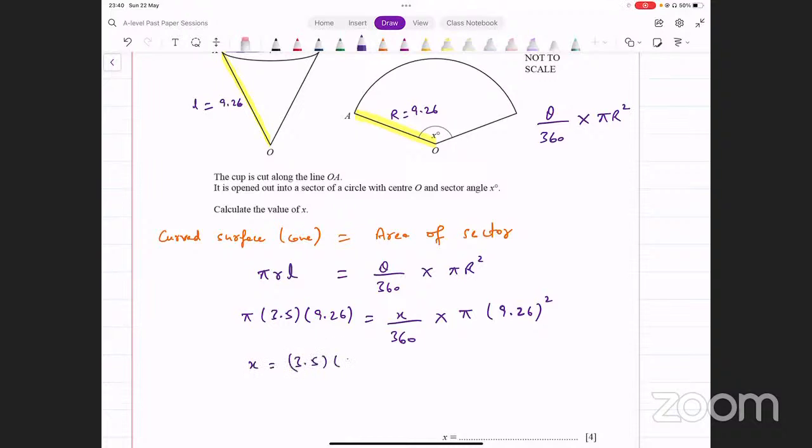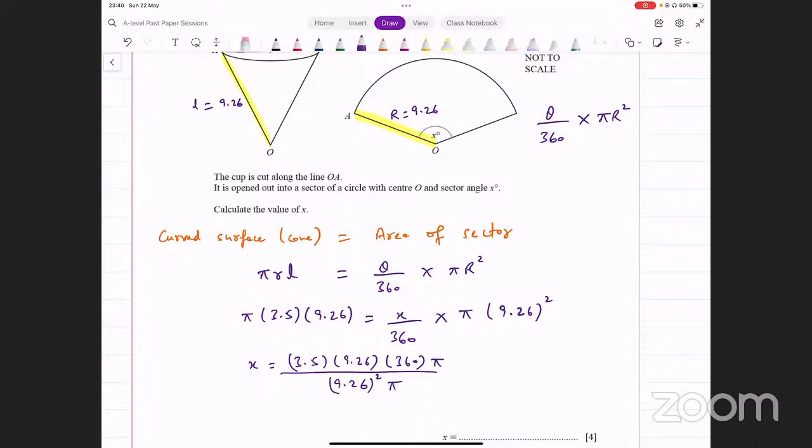3.5 into 9.26 divided by, in fact 360 भी ऊपर आ रहा होगा, into 360 जाके वहां पे multiply हो गया, divided by 9.26 whole squared. ये आपके पास आ गया. Pi और pi वैसे cancel हो जाएंगे. If you want, you can write them down. This is pi. You also have pi in the denominator.